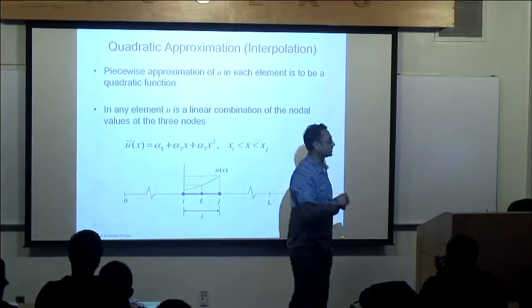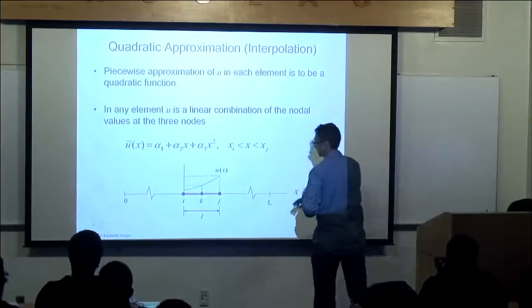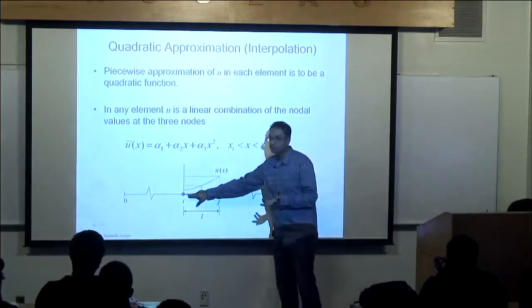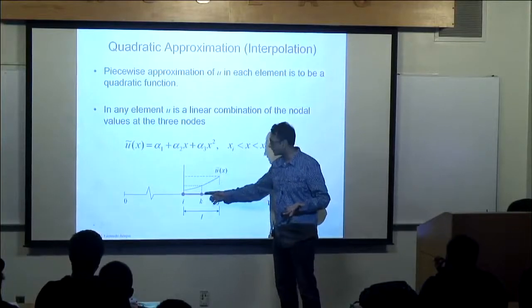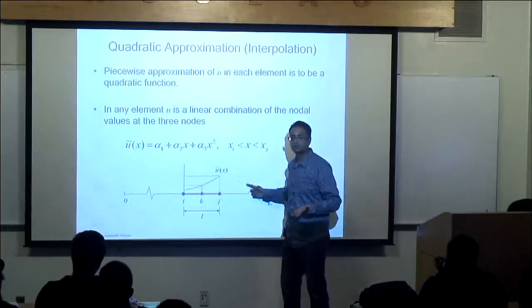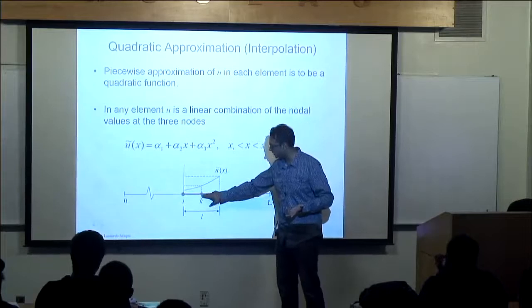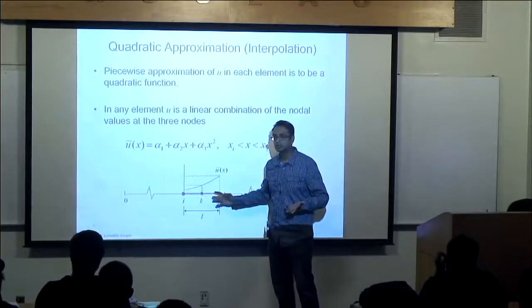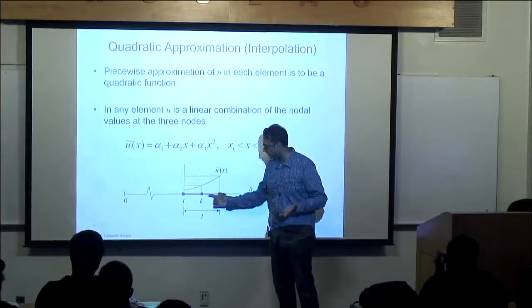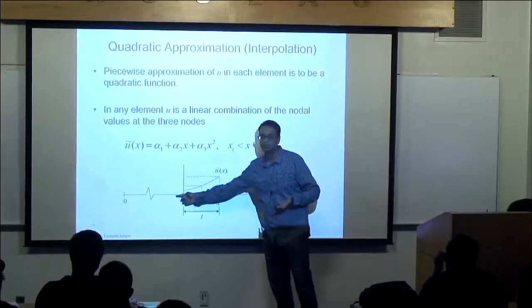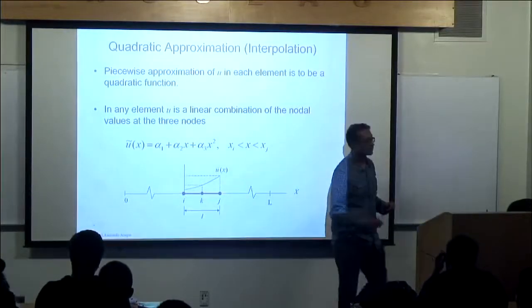The good news is that if I have a middle node here, that node is in the middle of the element. It does not connect to other elements. You see what I'm saying? This node k is not connected to any other element. So I don't have to enforce any continuity here, just across j and across i. That's all I care about.